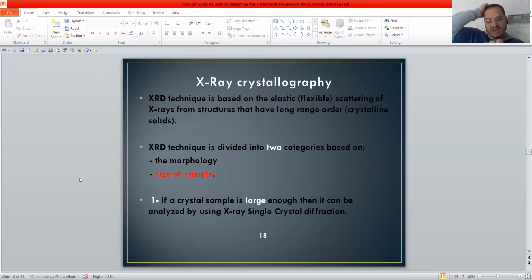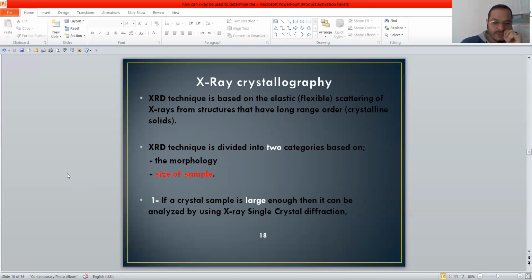When we have a large enough sample, and when we have a small sample, what is the difference? How can we determine the crystalline structure of this sample, and how will this process be? Let's go on.